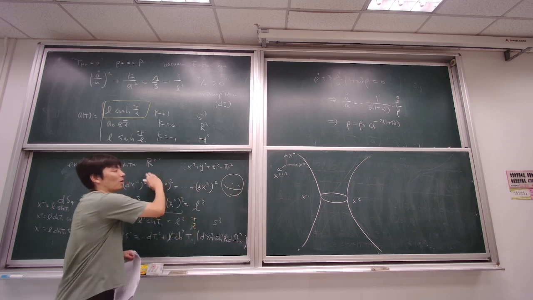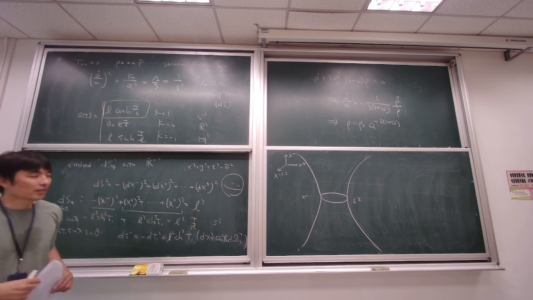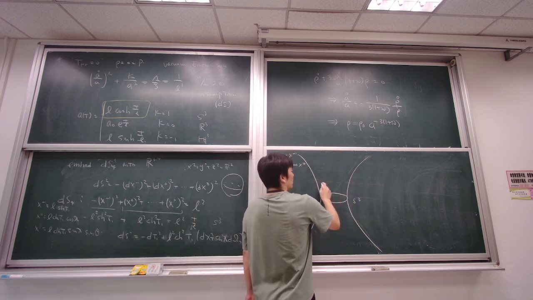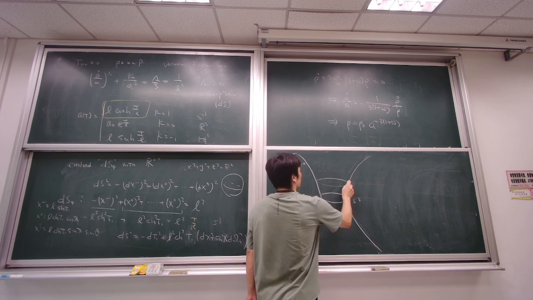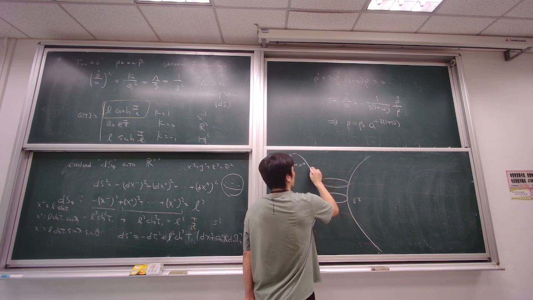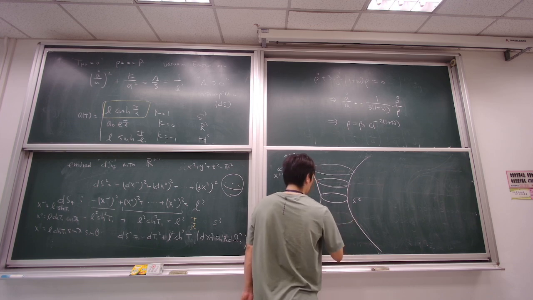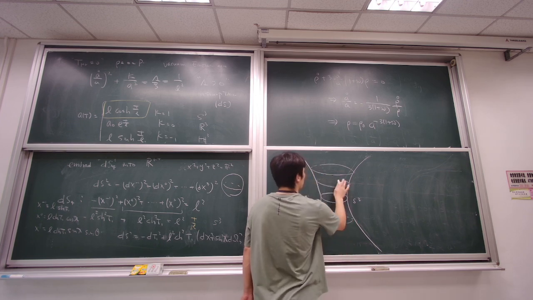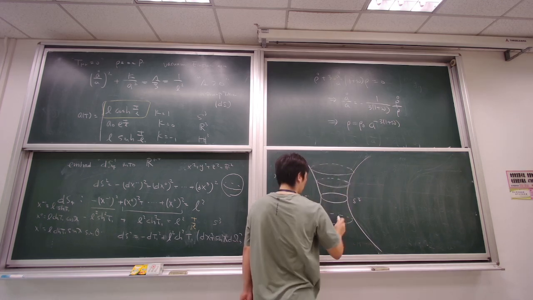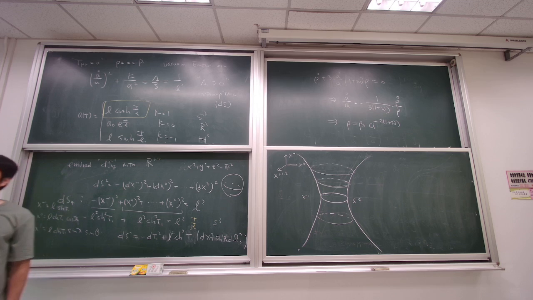But if you increase one more dimension, S3. Okay, and then this direction is x1. So each spatial surface becomes like this way. Okay, like this. So this is the surface for the zeta.